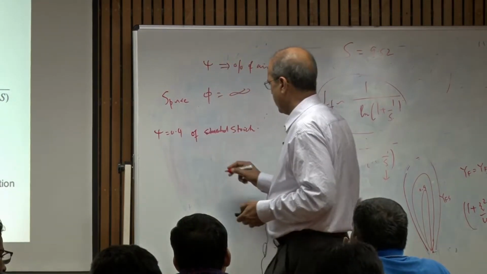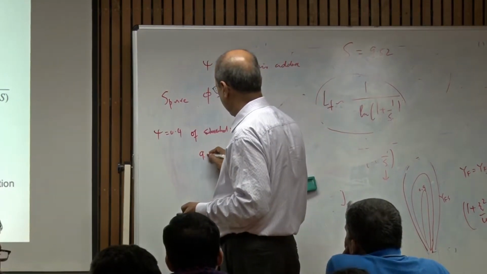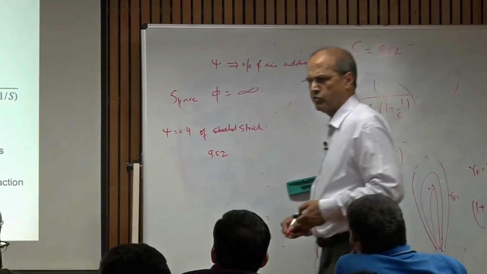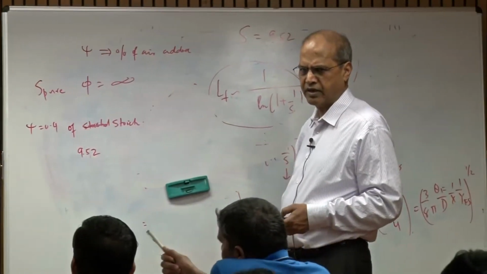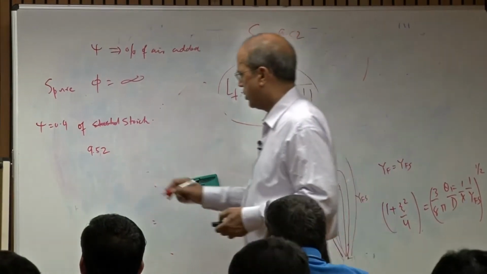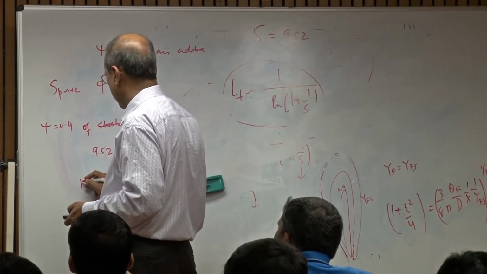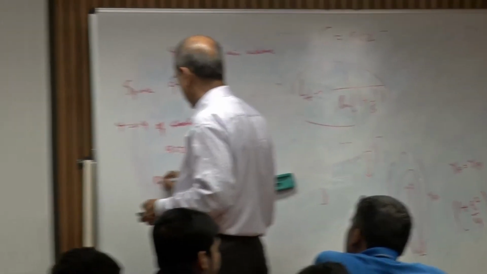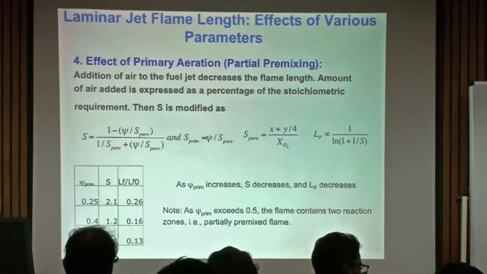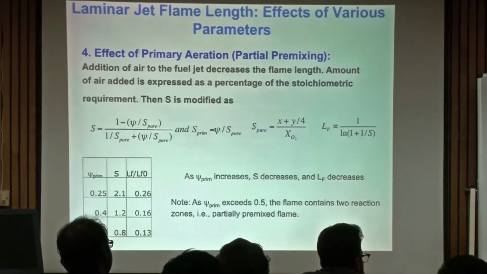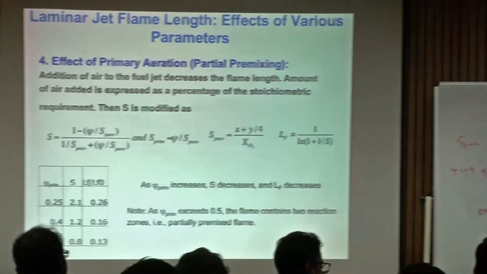Now for methane, these are the number of moles of air. If you take 0.4 of this and add it to the fuel, then 0.4 times 9.52.